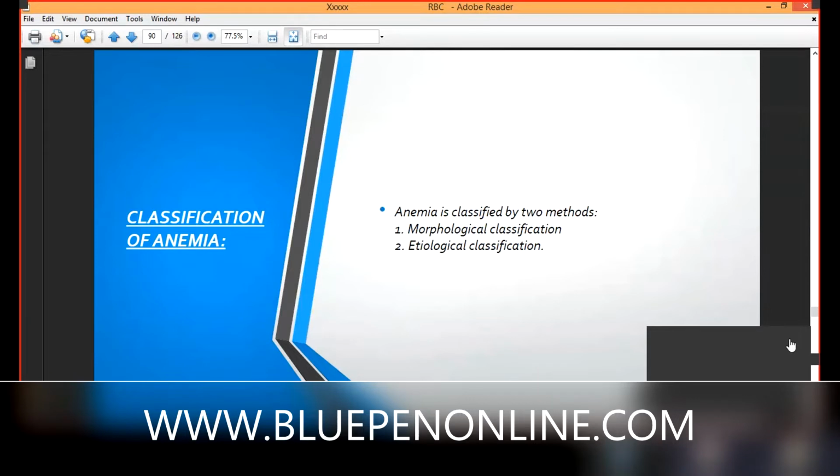What is the normal hemoglobin content of blood? Normally 14 to 16 gram per dl in males, whereas in females 12 to 14 gram per dl.